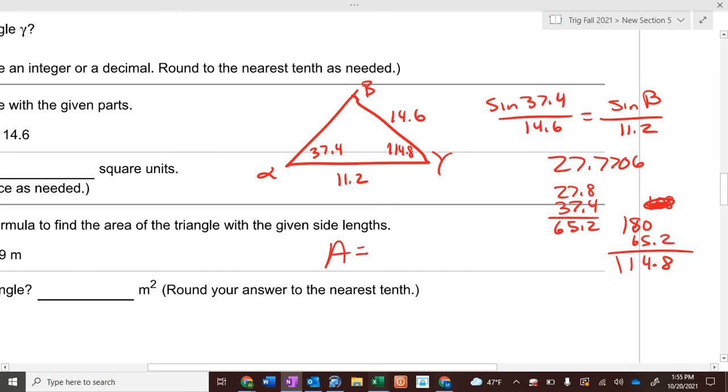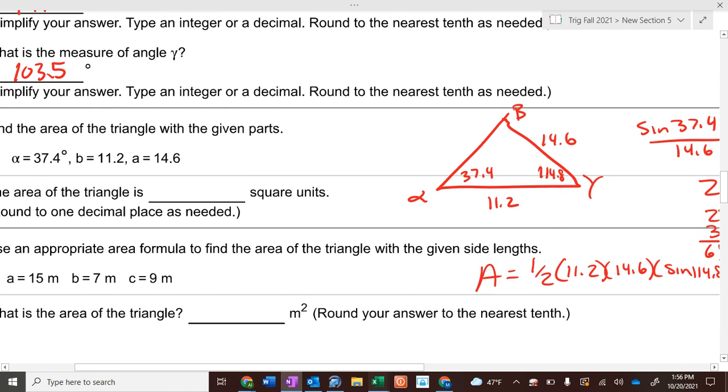So the area equals 1/2 the base times 14.6 times the sine of 114.8, which gives us the height. 1/2 the base times the height is the area. So if you multiply all those together, you're going to get over 100, right? Do you get over 100? No? You get 74.2? Okay.